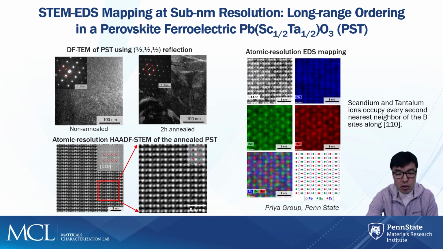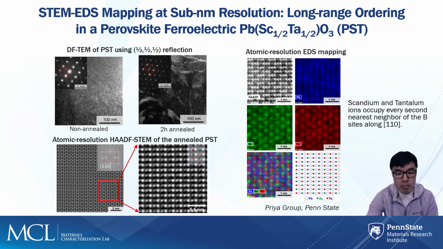By doing the atomic resolution EDS mapping, if you look at the scandium and tantalum atom maps by themselves, we can see both scandium and tantalum atoms form this very nice FCC structure inside of the lattice.